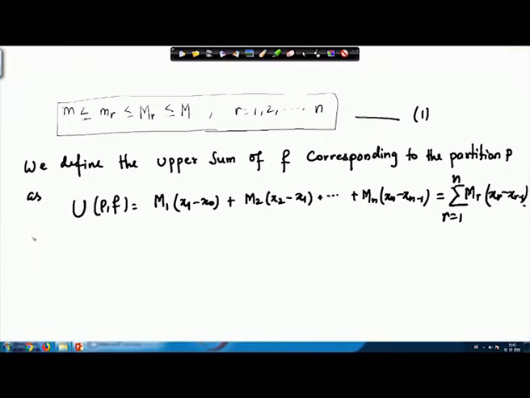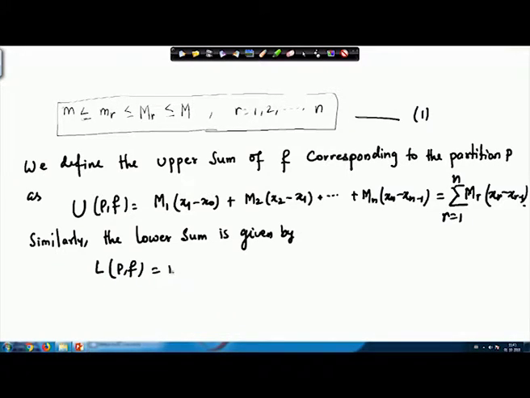Similarly, we can define our lower sum. The lower sum is given by L(P, f), and you may have guessed it, it will be given by small m1 times (x1 minus x0) plus small m2 times (x2 minus x1), and so on up to small mn times (xn minus x(n-1)).